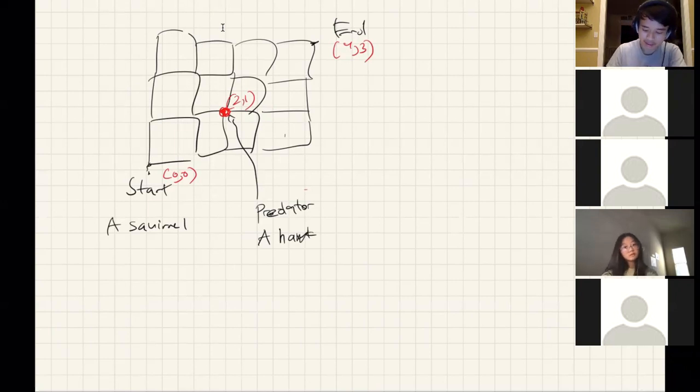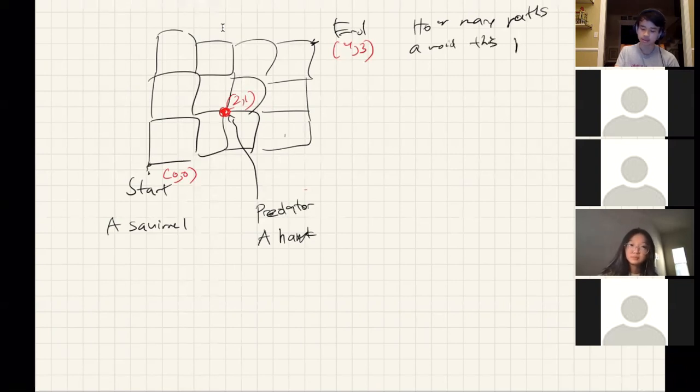So for whatever reason, the squirrel cannot pass this point as it goes from its start position to its end position. So it's asking you how many paths avoid this red point. The first thing you start with is your 35 total possibilities.